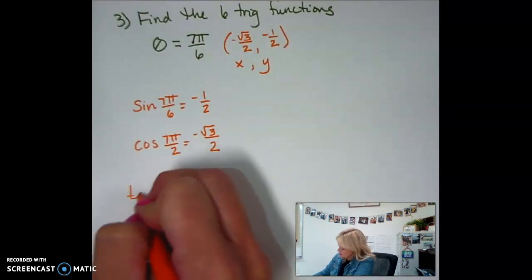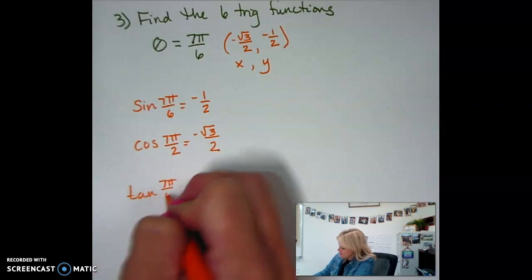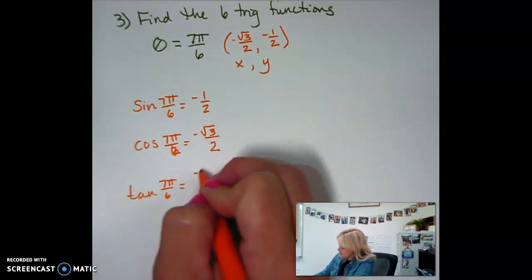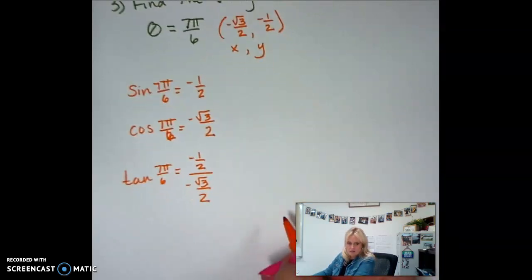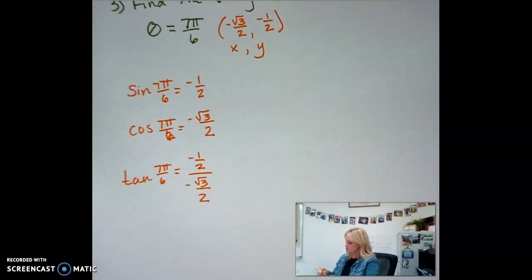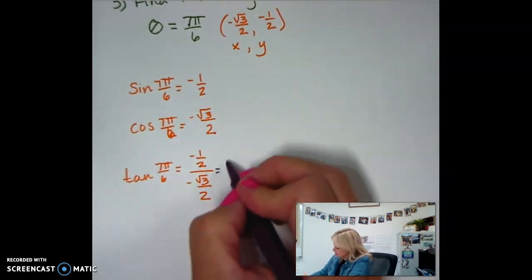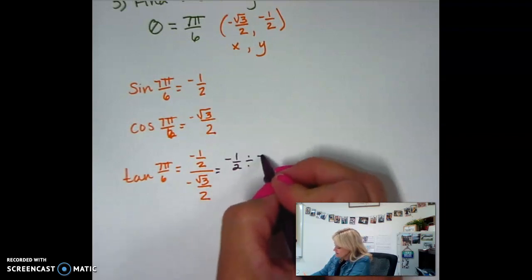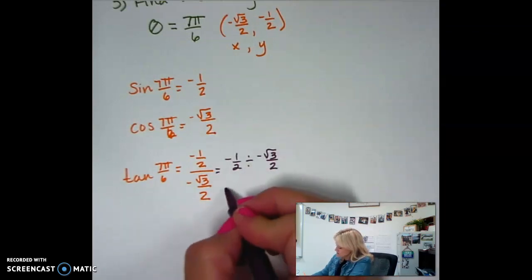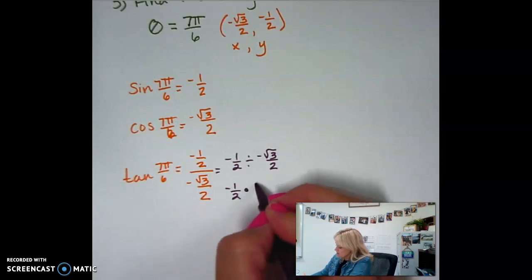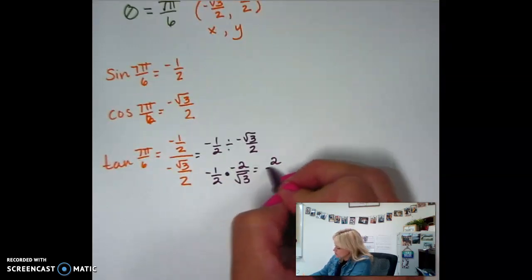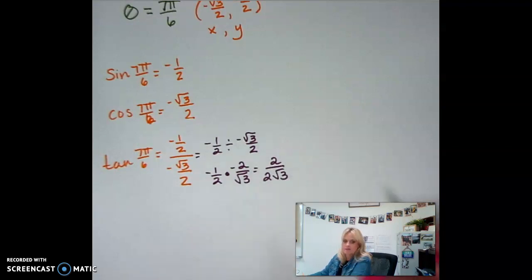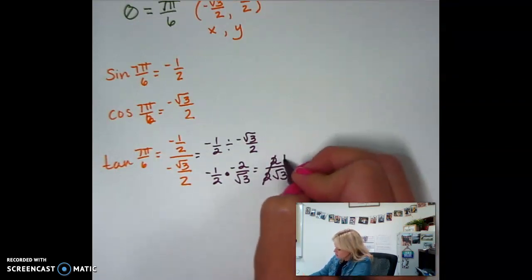The tangent is y over x, and so if I take y over x, I'm back to a complex fraction. So when I rewrite it out as negative 1/2 divided by negative square root 3 over 2, keep the first, change this to multiplication, and flip this over, I end up with a negative times a negative, which is positive 2 over 2 square roots of 3. 2 divided by 2 is 1.